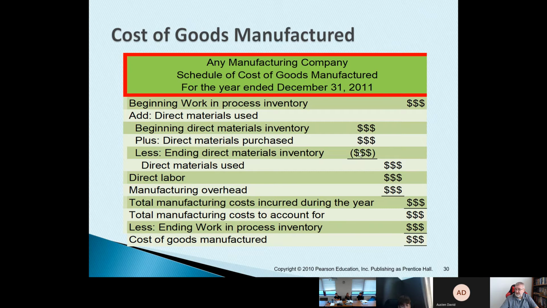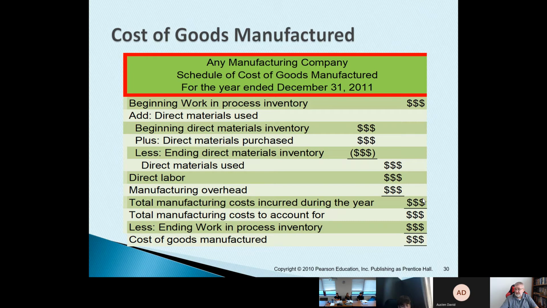So this plus this minus this is going to give you your direct materials. So if you know what your direct materials is, and you know what your direct labor is, and you know what your manufacturing overhead is, your total manufacturing cost incurred during the year is going to be these added together.